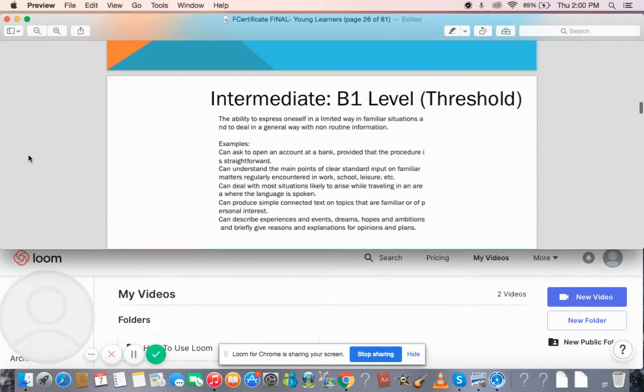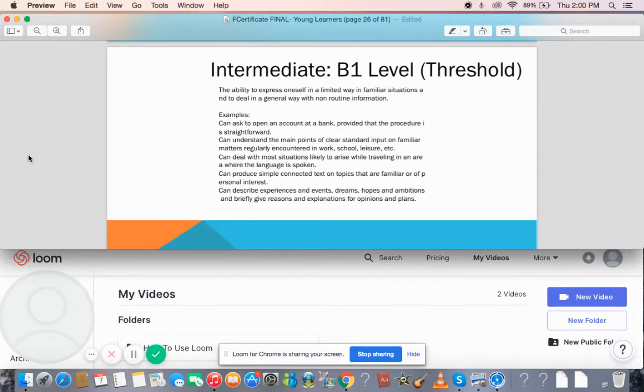Then we have the intermediate B1 level, threshold. The ability to express oneself in a limited way in familiar situations and to deal in a general way with non-routine information. For example, students on this level are able to open a bank account.